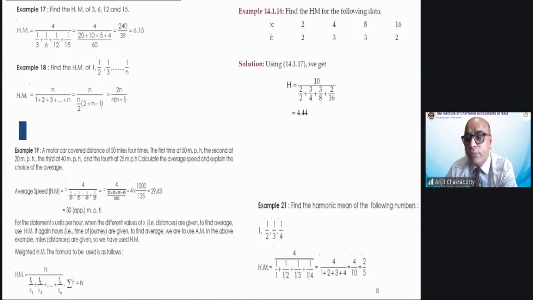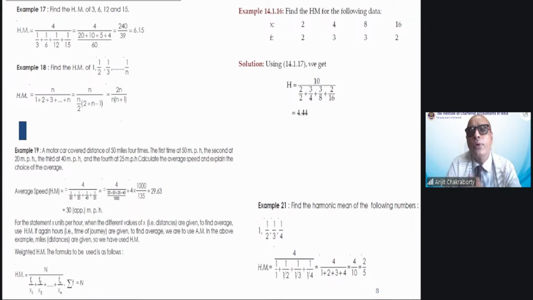So 1/2 will become 2. 1 by 3, once we find the reciprocal, it will become 3. And 1 by 4, the fourth value given in this problem, the reciprocal is 4.